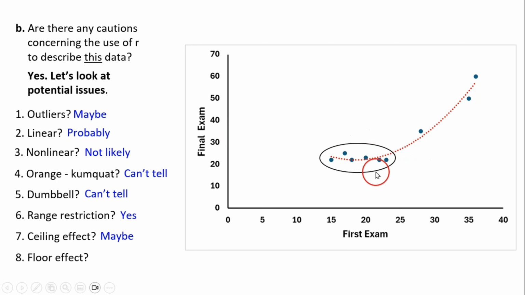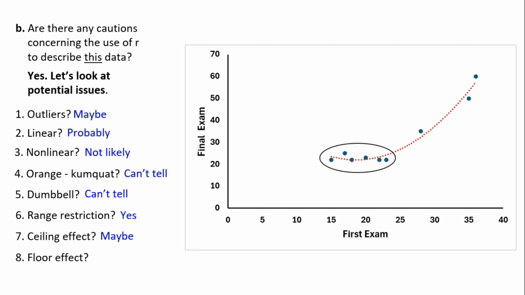But then you have all these people down here who scored fairly low on the first exam, but if you look at where they are, they also didn't really improve much on the final, and so they couldn't improve very much from the first to the final exam, and they're not able to get out of the bottom of the test.